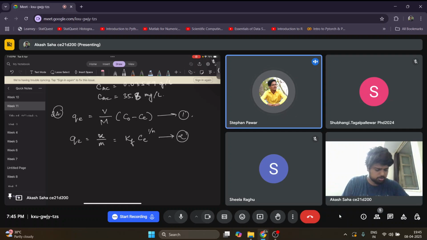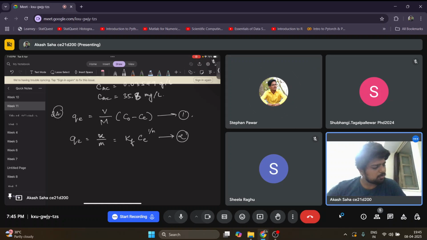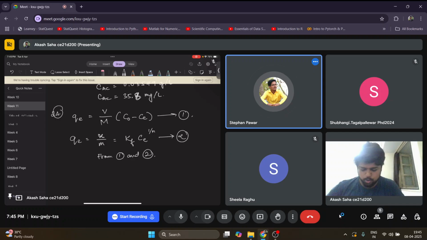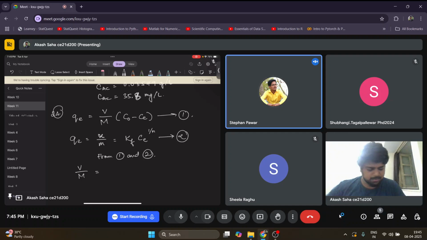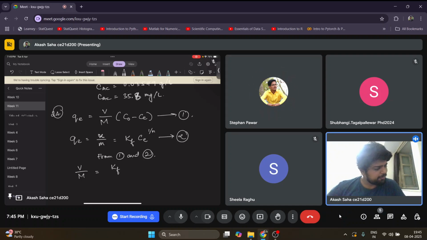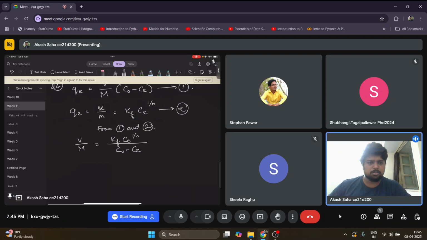Okay, so if we equate, from 1 and 2 we will be getting V by M is nothing but Kf C to the power 1 by n divided by C naught minus C. So now here we know everything.